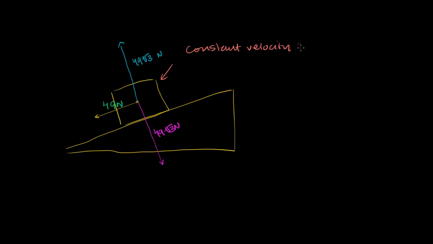And so the constant velocity v is equal to, I don't know, let's say 5 meters per second down the wedge, or down the ramp, or I guess we could say in the direction that is parallel to the surface of the ramp. So it's in this direction right over here. So that's the constant velocity.